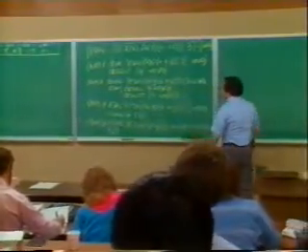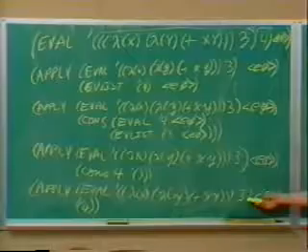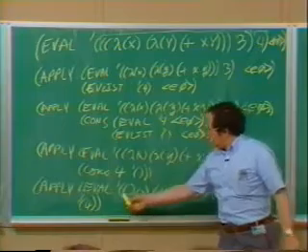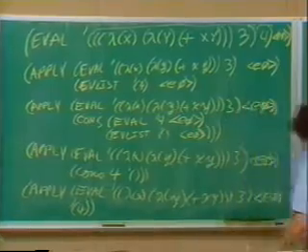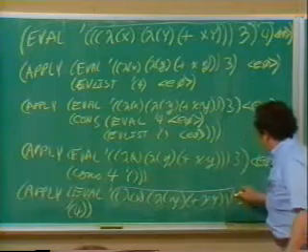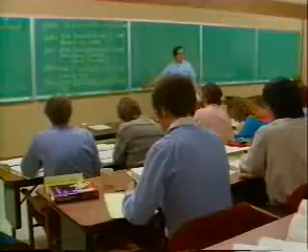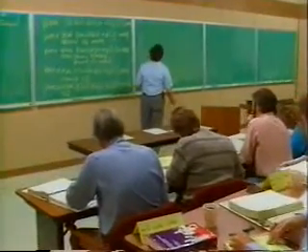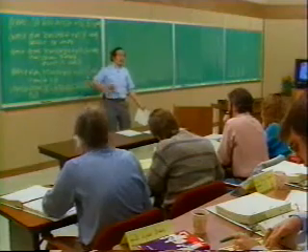Well, now let's look at the next more interesting thing. What do I do to evaluate that? Evaluating this means I have to evaluate, it's nothing but an application. It's not one of the special things. It's the application of this operator, which we see here, to these operands. It's that combination. Well, we know how to do that, because that's the last case of the conditional. So substituting in for this evaluation, it's apply of eval of the operator and the evlist of the operands.